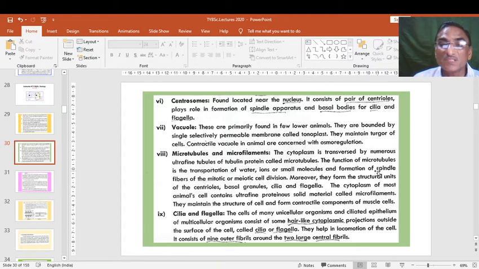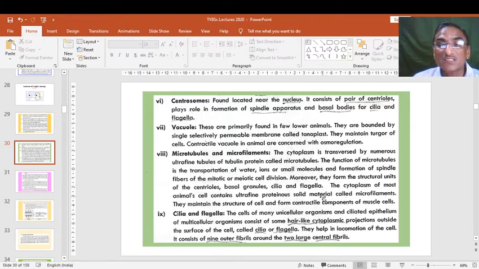The function of these microtubules is the transportation of water, transportation of ions or small molecules, and formation of spindle fibers of the mitotic and meiotic cell division. Whatever the type or method of cell division may be, the spindle fibers are formed using these microtubules.